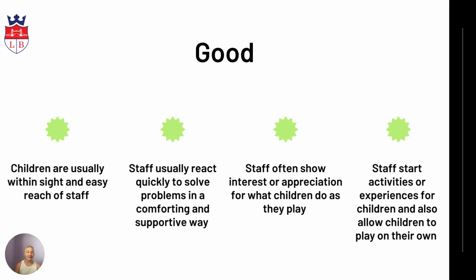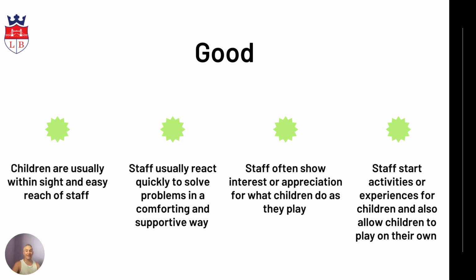Staff often show interest or appreciation for what children are doing during their play, and staff start activities or conjure up experiences for the children, but also allow children to play on their own. So it's about that balance of adult initiated and child led. So if you're doing 2 out of these 4, you're coming out at a grade 4. And if you're doing all 4 of these, you're coming out at a 5.